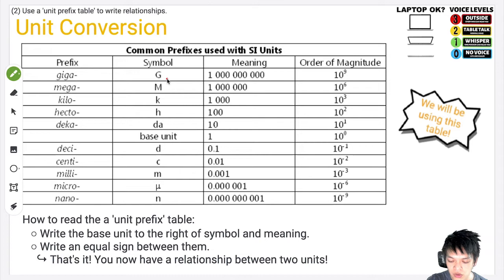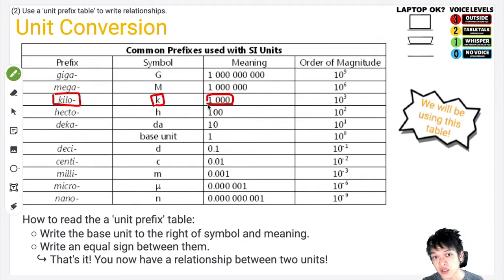For example, grams. Well, that's just a gram, right? If we put a K in front of it, that's a prefix. Now it's kilograms. Kilograms is different from grams. It's actually a lot bigger. And if you're wondering, hey, how much bigger? It's right here. Kilo. Oh, it's 1,000.